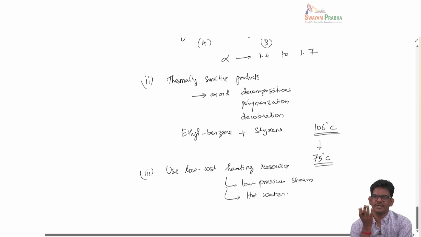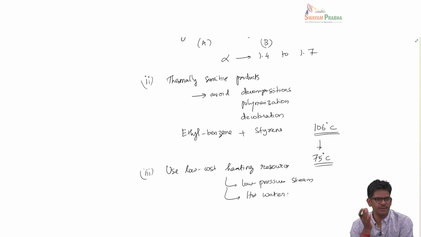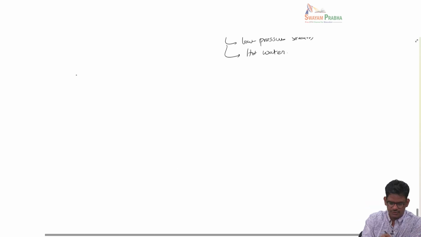So all these arguments basically say that there are distinct advantages of using low pressure or vacuum distillation over atmospheric distillation. So the next question is, how about doing this vacuum distillation in a tray column? Okay, so we have to think about the choice of distillation apparatus.